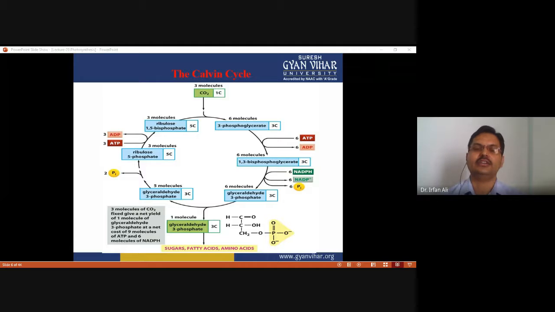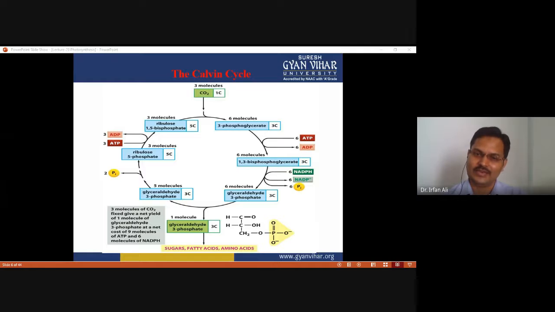These two steps utilize energy. At this step ATP is utilized, and at this step NADPH is utilized. But where do these molecules come from? They come from the light dependent reaction of photosynthesis.